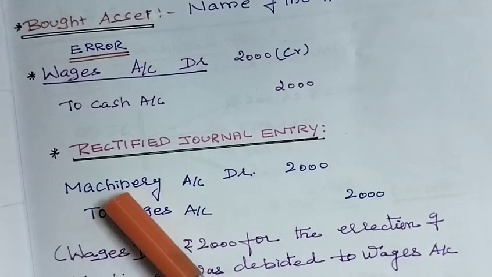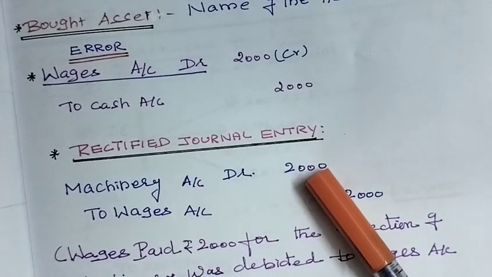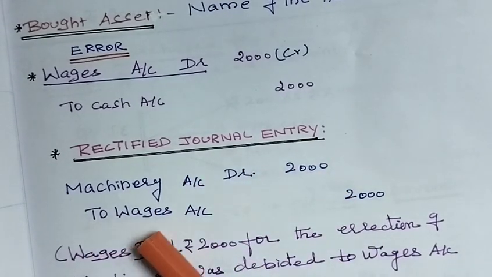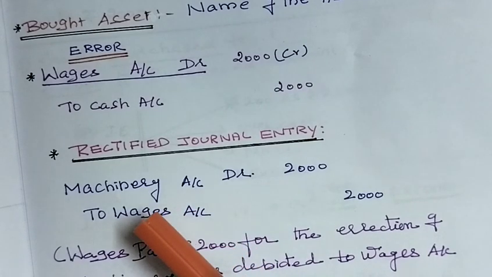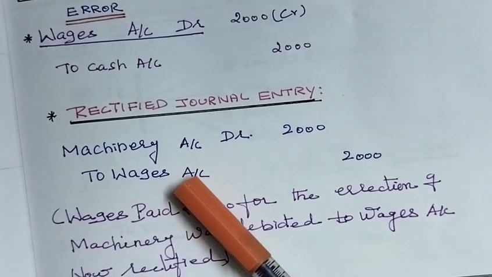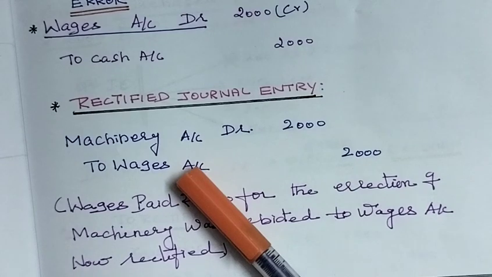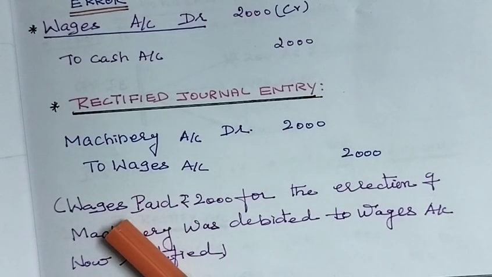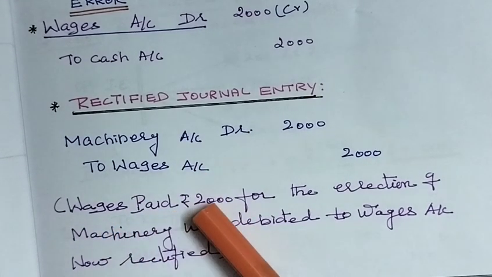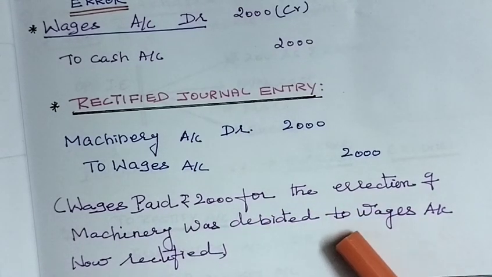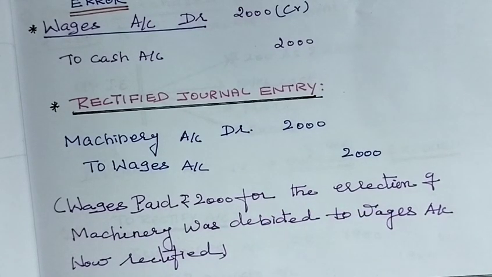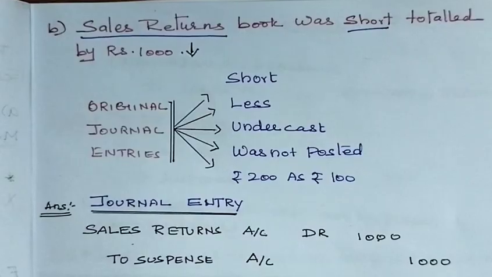The journal entry is: Machinery account debit 2000 rupees to wages account 2000 rupees. Now the error is rectified. We have to write the narration compulsorily: wages paid 2000 rupees for erection of machinery was debited to the wages account, now rectified.